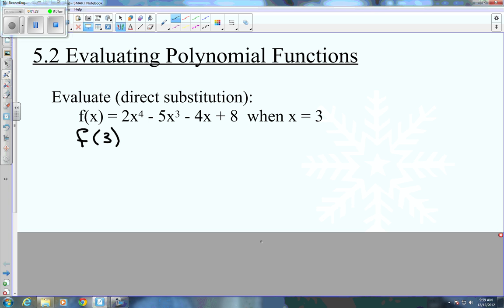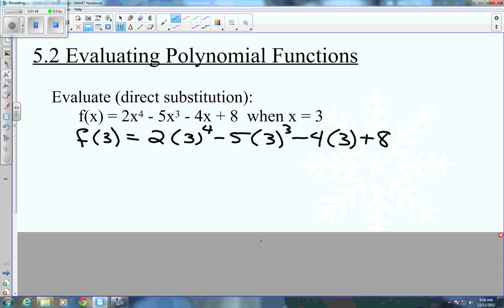Now remember, this is not f times 3. This tells me what I'm evaluating the function at. So I'm evaluating at 3. So f of 3 equals 2 times 3 to the 4th minus 5 times 3 to the 3rd minus 4 times 3 plus 8.